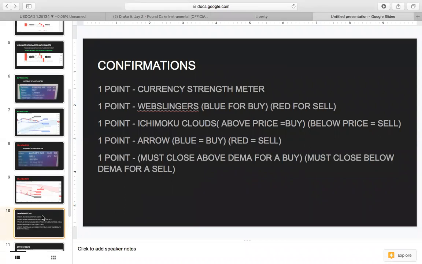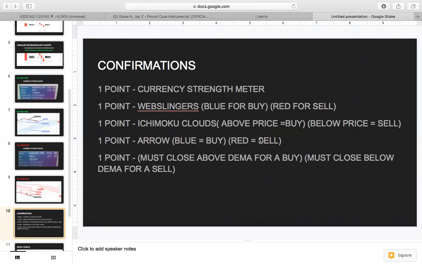Okay. Now, 1 point. If the Ichimoku cloud is above price, I wrote this kind of wrong. Please excuse me. I'll fix it before I send this in the chat. If the Ichimoku cloud is below price, it's a buy. If it's above price, it's a sell. It doesn't matter what color. All right.